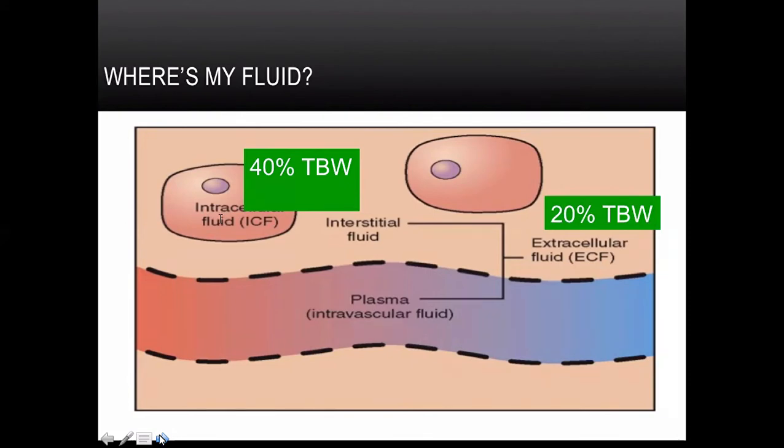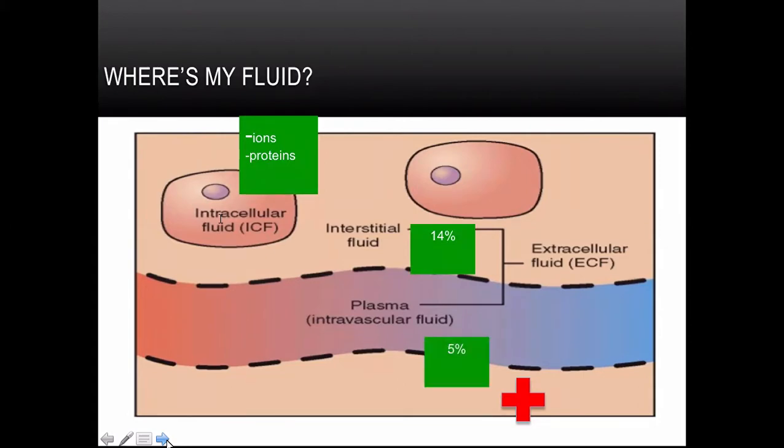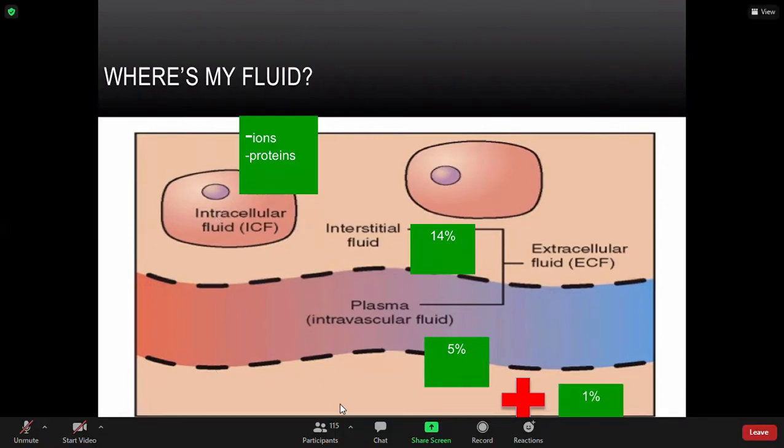Okay? Then, aside from that, there is also a special compartment, the presence of ions and proteins. Then, your interstitial fluid constitutes about 14%, while the intravascular fluid or plasma constitutes about 5%. Okay? Then, the other fluid constitutes about 1%.